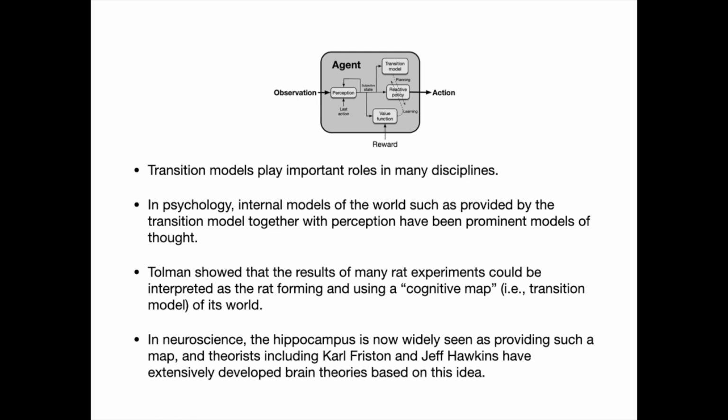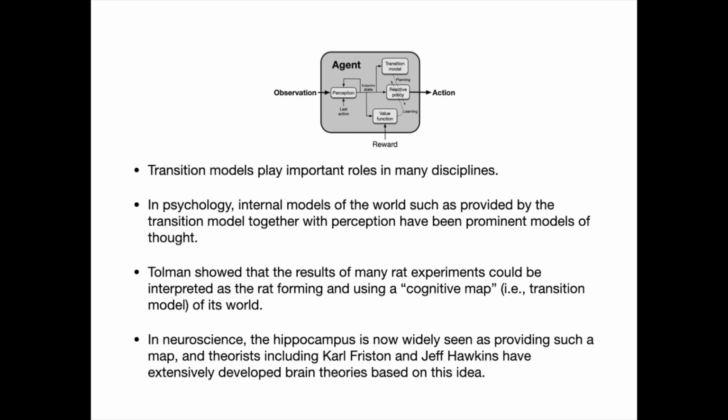Transition models play important roles in many disciplines. In psychology, internal models of the world such as provided by the transition model together with perception have been prominent models of thought. Tolman showed that the results of many rat experiments could be interpreted as the rat forming and using a cognitive map, i.e., transition model, of its world.